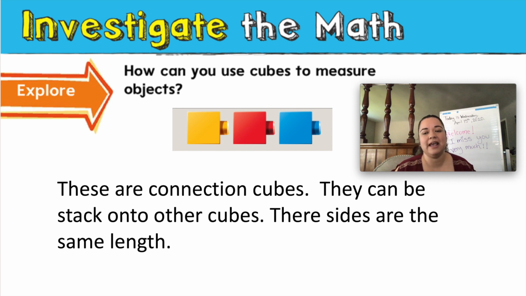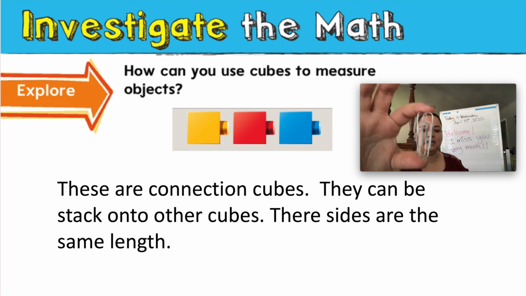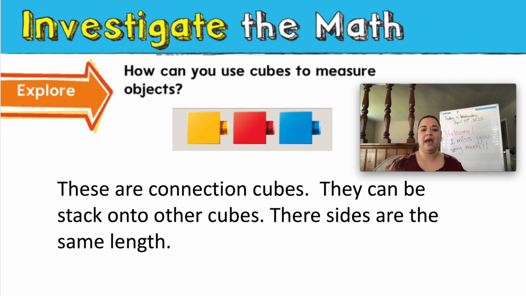They can be stacked onto other cubes and their sides are the same length. This is very important when we're using non-standard units. We have to make sure that they're about the same length. So if I'm using paper clips, I have to make sure that they all have the same length, right? Because what happens if one's smaller than the other one, then my measurements are not going to be precise.